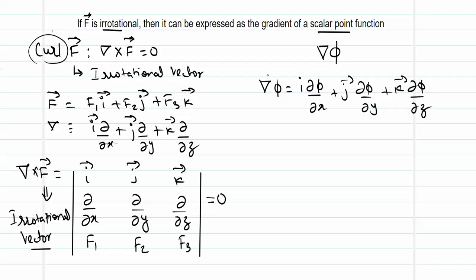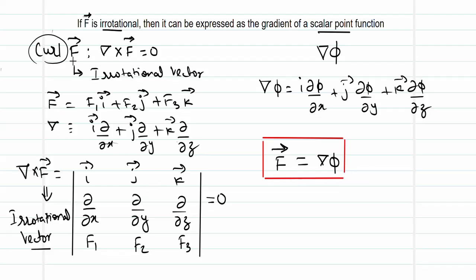Now what they are saying is, if f vector is irrotational, then I can express this f vector as del phi. This is the concept which we are going to solve using a problem.